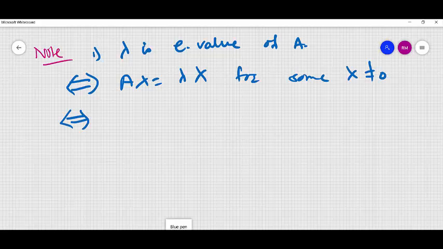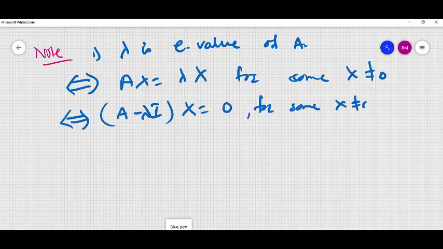That is also an equivalent statement: A minus lambda I times x equal to 0 for some x not equal to 0.